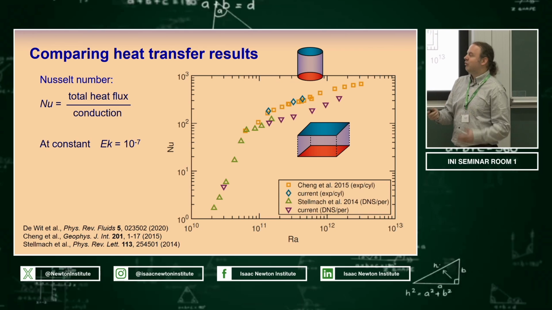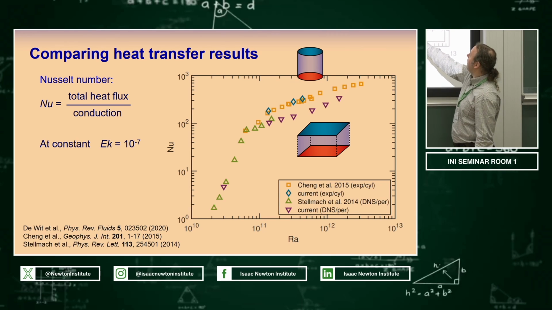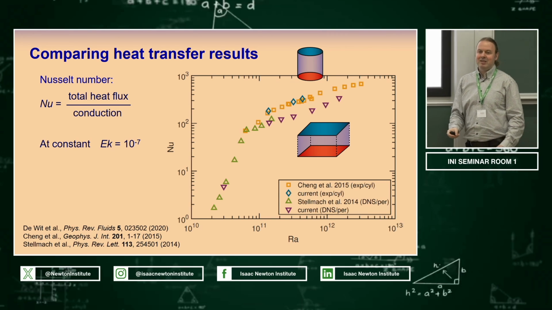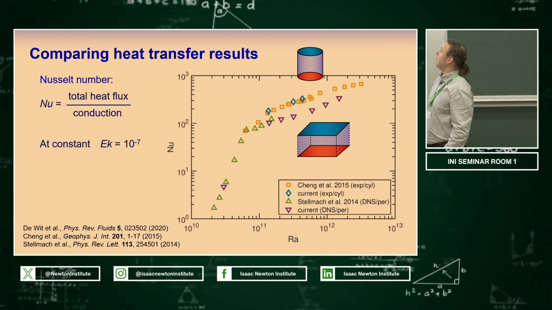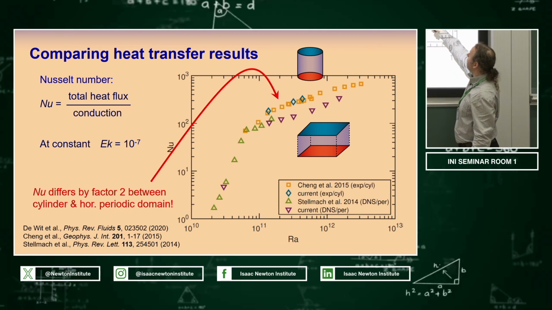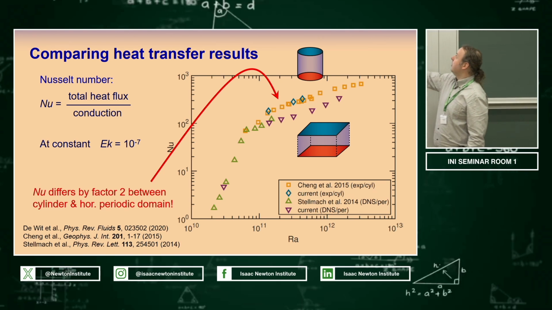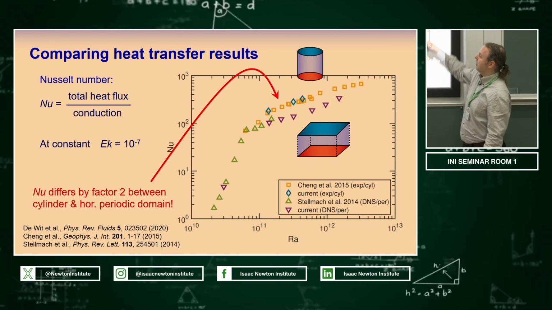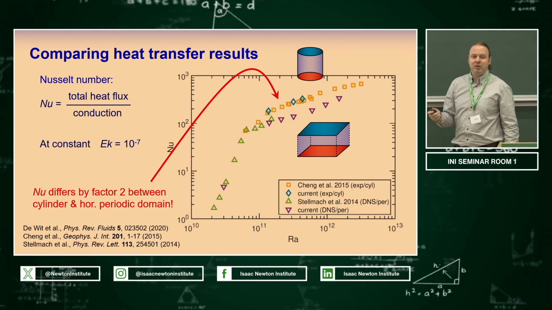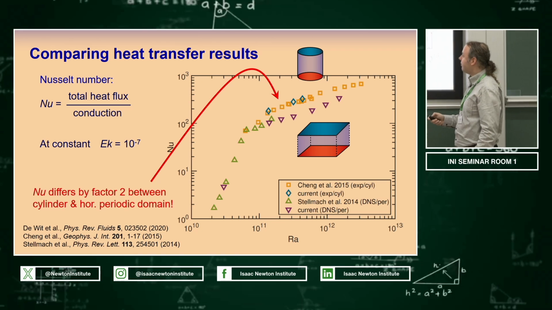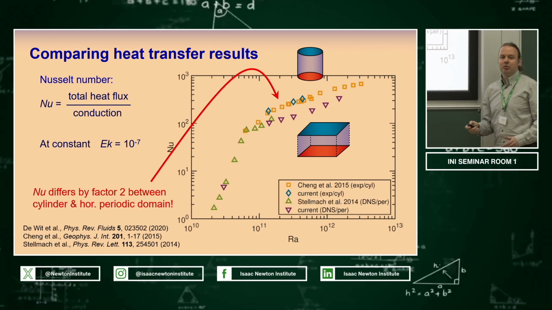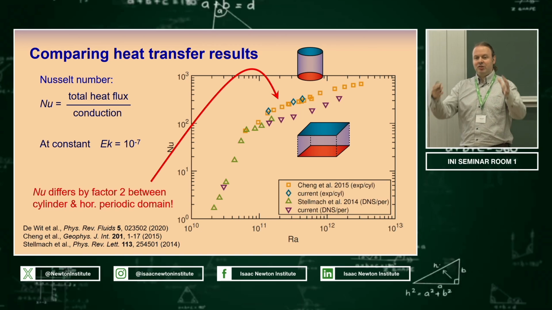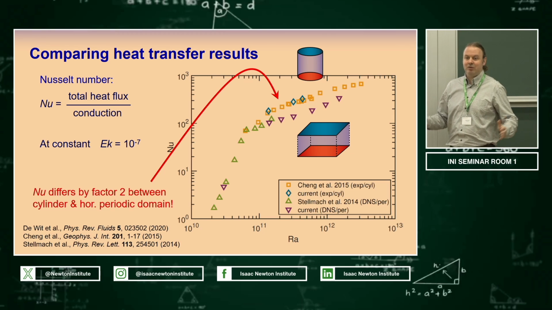Results were kind of overlapping, but then here they finally branched out, they spread apart, and you can see that there's actually a gap of about a factor 2 between the cylinder domains, this upper branch, and the periodic domains, this lower branch. And then we asked ourselves the question, what's going on here? And then we decided to do some simulations in a cylinder to just check what's going on.